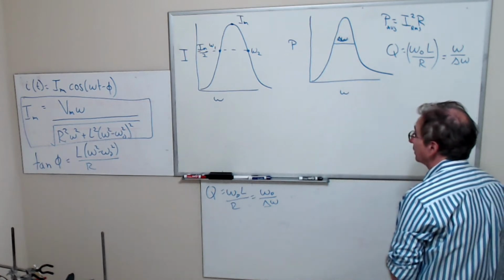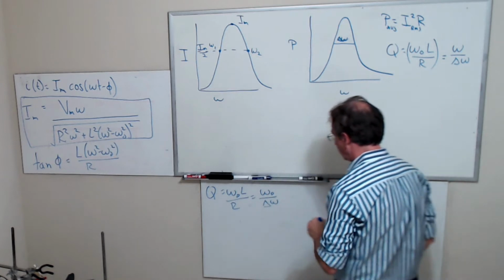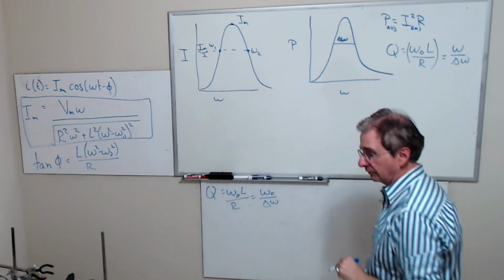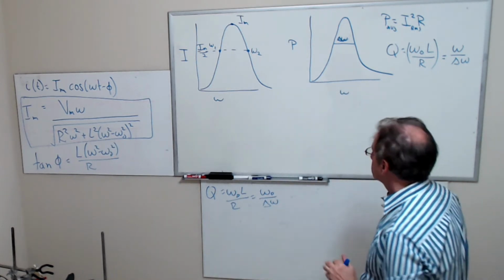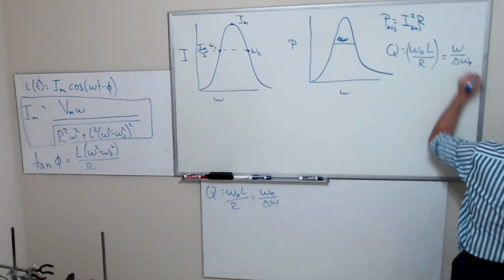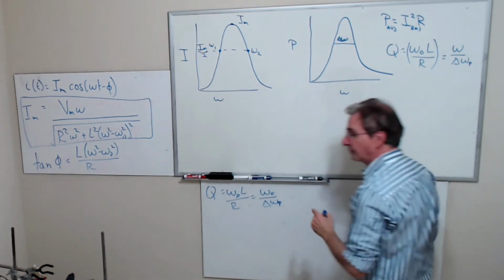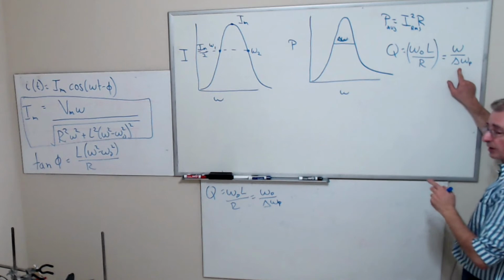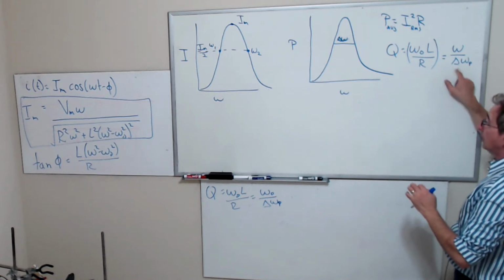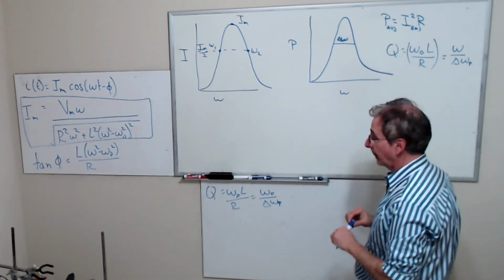So how do I determine delta omega from this graph, and how do we relate it to the quality of the circuit? I'm going to call this delta omega sub p here, because this represents the full width at half maximum from the power curve, not from the current curve, because it's going to be different.